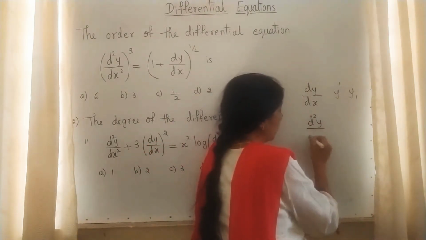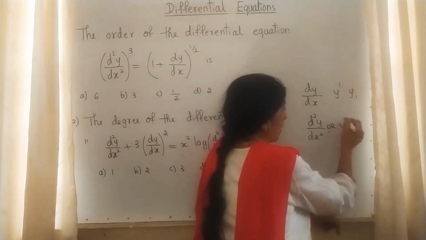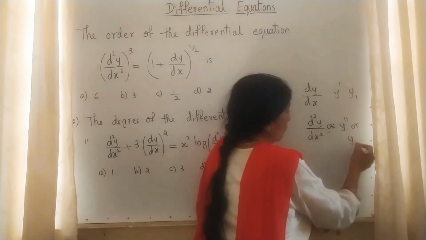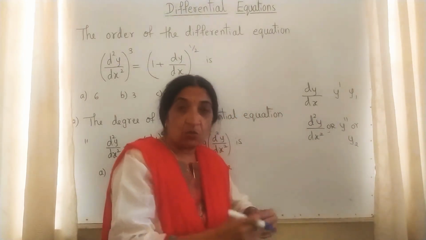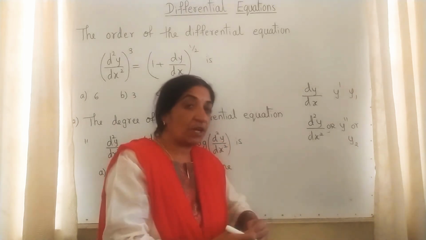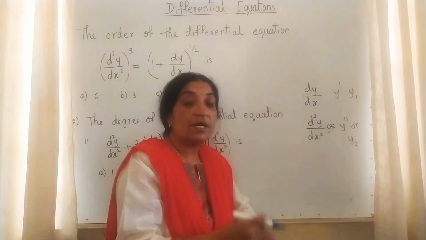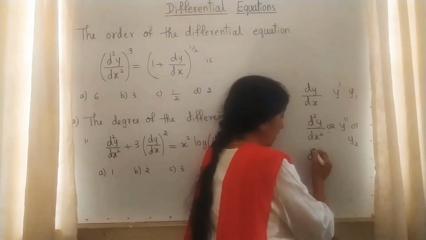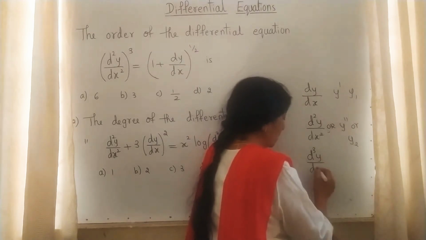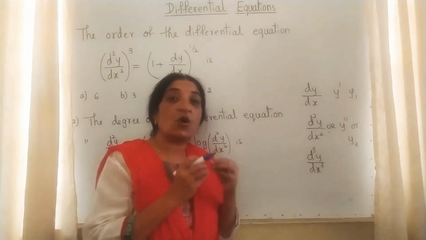If you have d square y upon dx square, or it is also written as y double dash, or y2, this is two times differentiation. We call it the second order derivative. If you write like this, it is third time differentiation, the third order derivative.